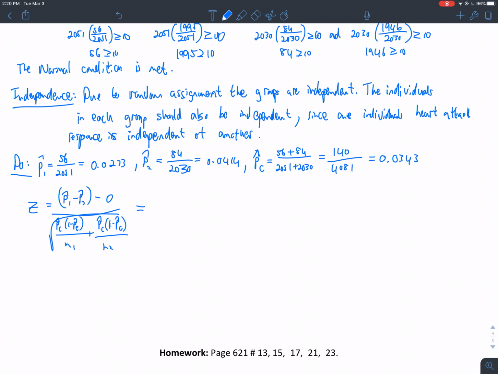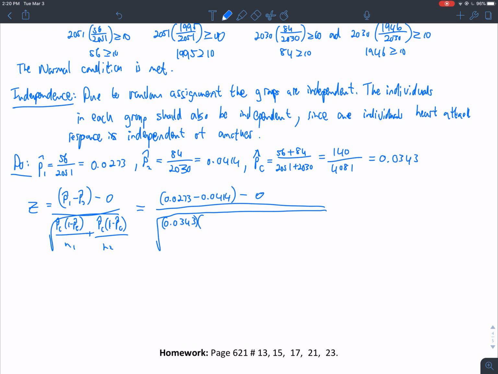Okay, plug in the numbers: 0.0273 minus 0.0414 minus 0. Please be careful. Making a small error here makes a huge difference in your answer. Okay, so that's unfortunate, but if you transpose two numbers or something, you're in trouble.